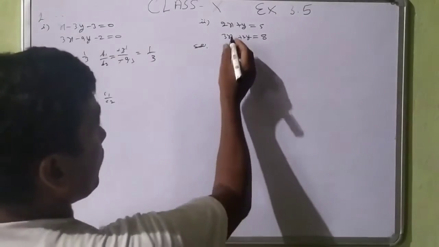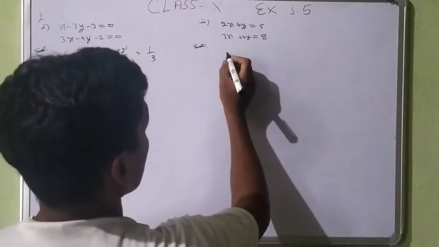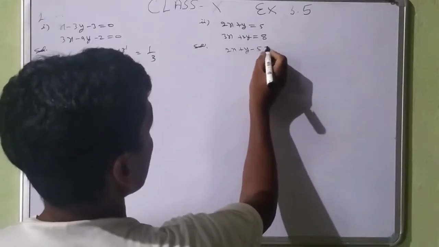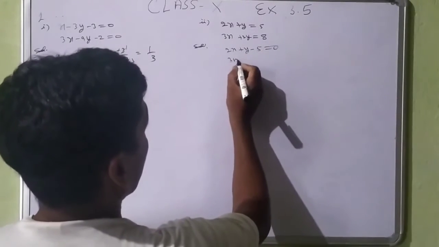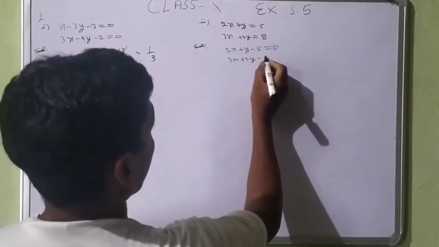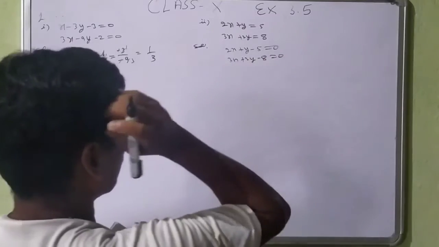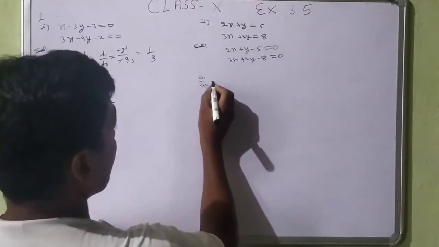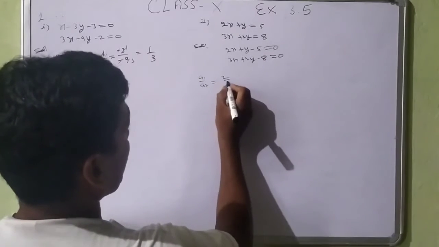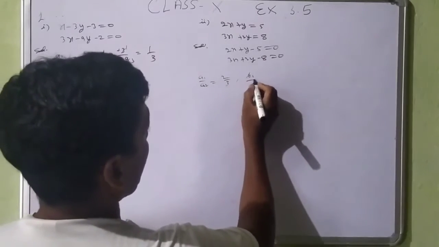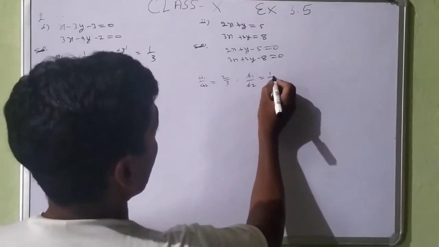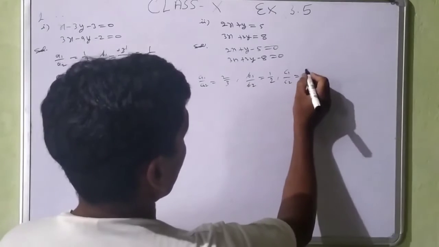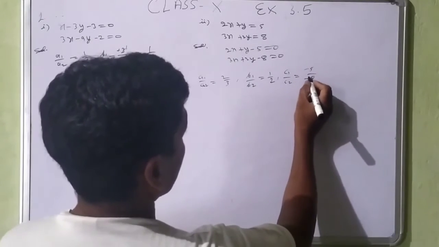Second question. First of all, we will convert this one to the form equal to 0: 2x plus y minus 5 is equal to 0, and 3x plus 2y minus 8 is equal to 0. Here, a1 upon a2 is equal to 2 upon 3, b1 upon b2 is equal to 1 upon 2, c1 upon c2 is equal to minus 5 upon minus 8.